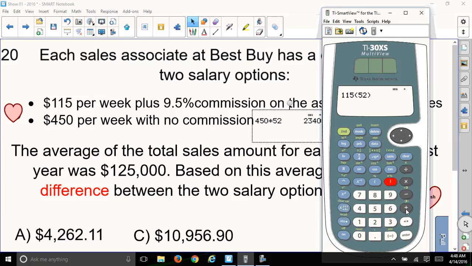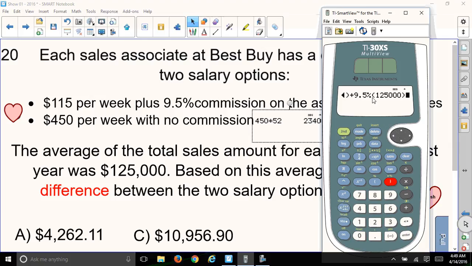Now he makes plus commission 9.5%. Second left parenthesis, commission of his sales. So of the sales, so let's see what his sales was. 125,000 was the average, so let's type that in. 3 zeros, close parenthesis. So this will be the commission amount, 9.5% times the amount of sales.